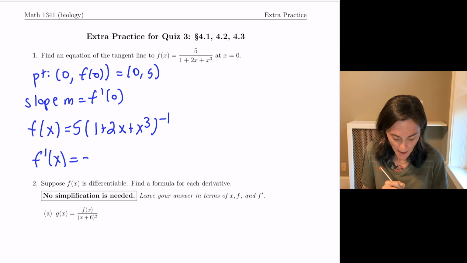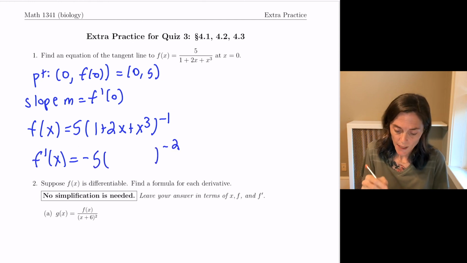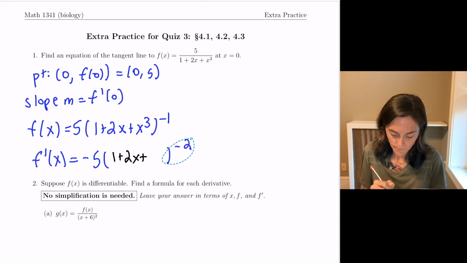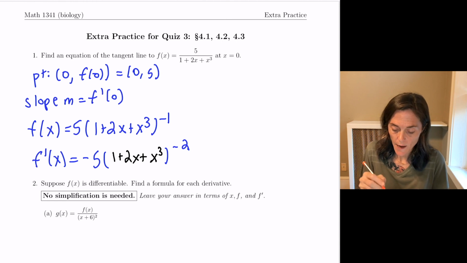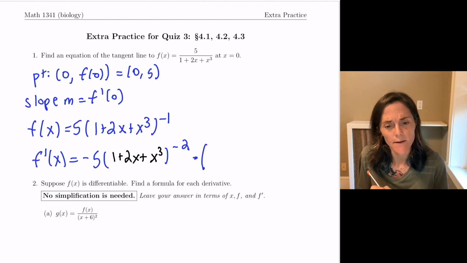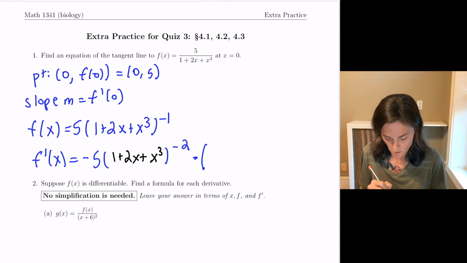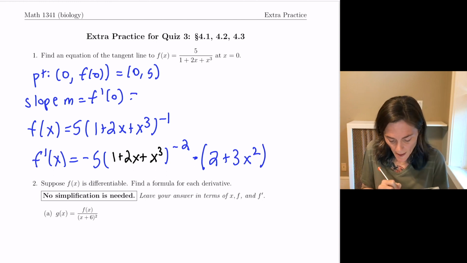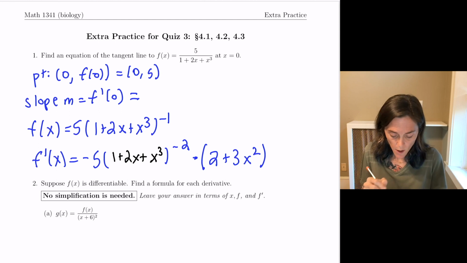So we bring down the power minus 1, and I put in the entire inside function, 1 plus 2x plus x cubed. I'm not finished. Multiply by the derivative of the inside function, 2 plus 3x squared.